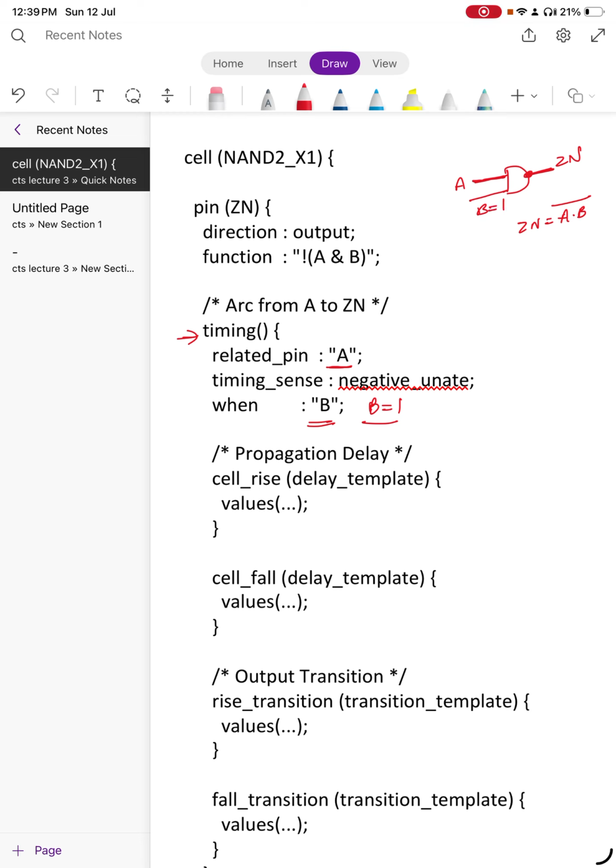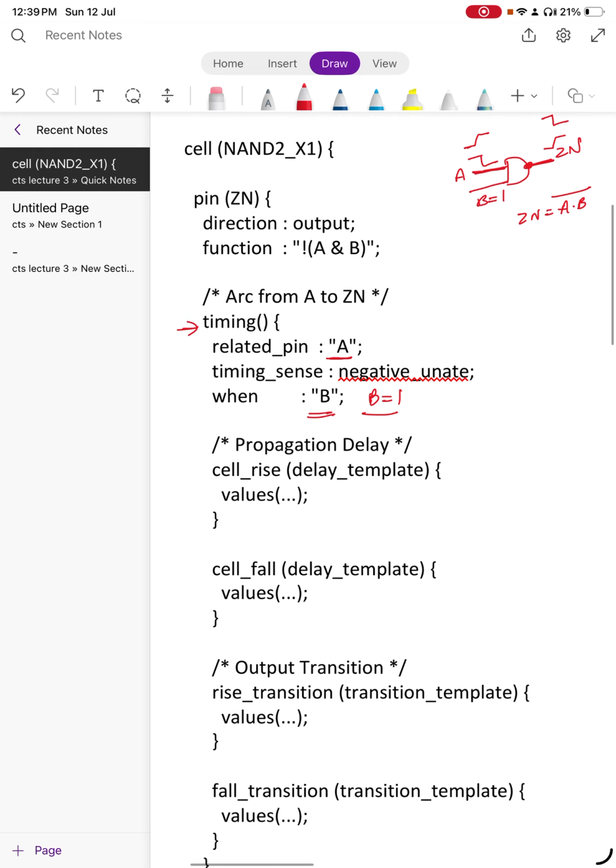So when B is equal to 1, any transition, that is rise or fall transition, will lead to a fall transition and rise transition over here. Because this is a negative unit, correct?